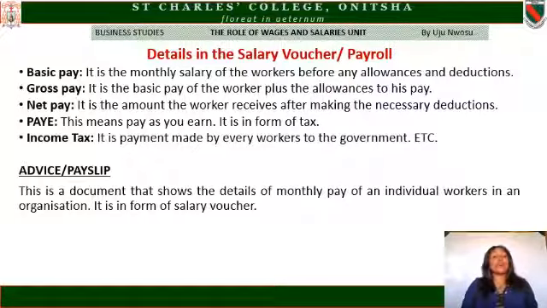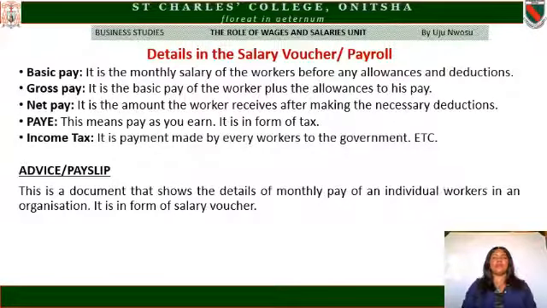It must be tax, it must be surcharge of any offense, it must be insurance money, and so on and so forth. All this will be deducted. And when it is deducted, the remaining amount of money that will be paid to the worker, that is what we call net pay. Hope you understand. Good.